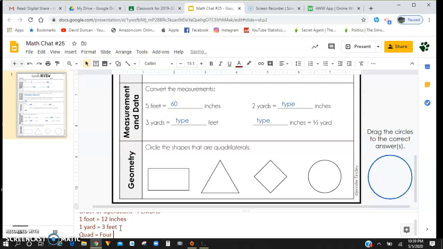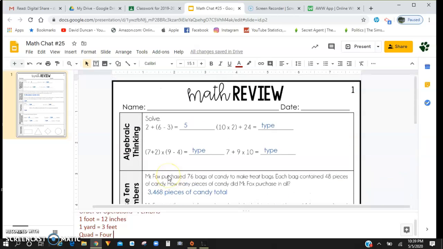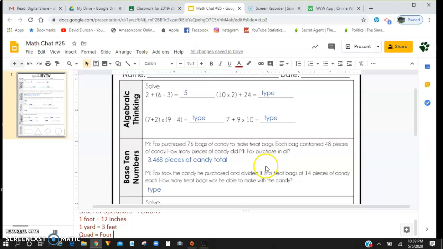That's going to be a big hint to identify that a quadrilateral is a 4-sided shape, like a quad, like a 4-wheeler. That's where that root word quad is. It's a Latin root. Sorry, it's currently almost 11 o'clock at night when I'm recording this, so my brain isn't thinking clearly.